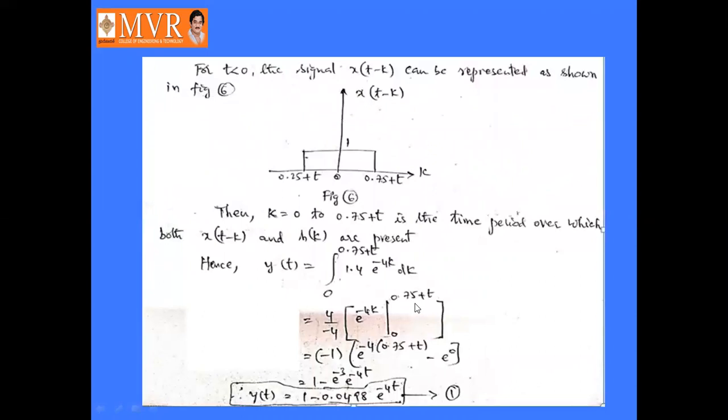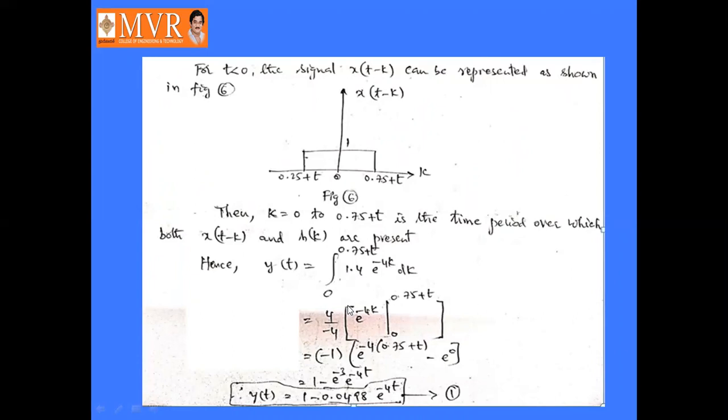So 4 into e power minus 4k into dk. So it is e power minus 4k with the limits 0 to 0.75 plus t.